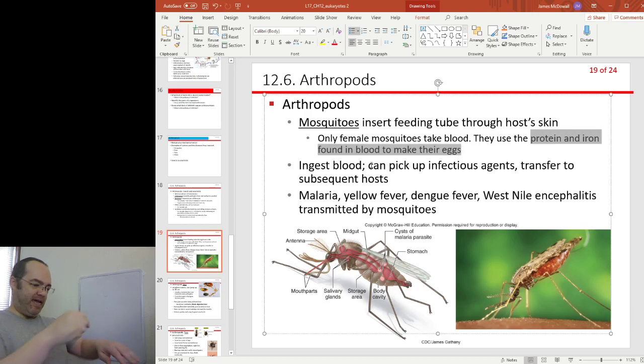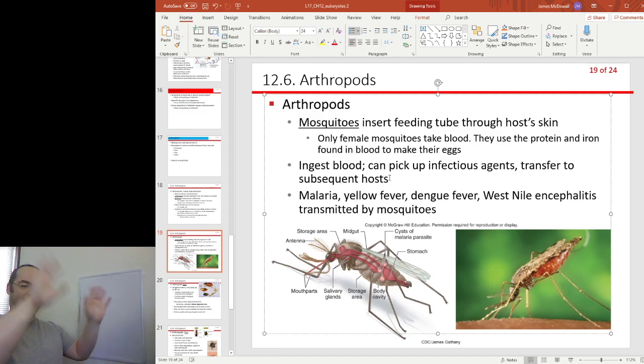So, a mosquito bites a human or bites another animal, and anything in the blood is taken up into the mosquito. The mosquito can then fly around and land on the next person and then inject them with the bacteria or the parasite or whatever it is that they are moving around.